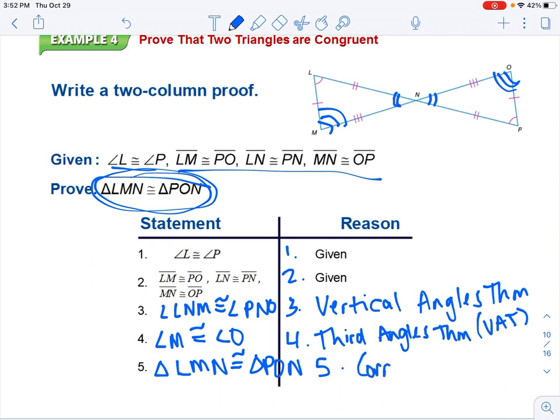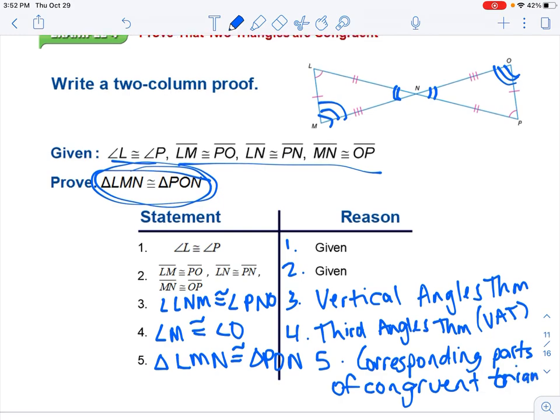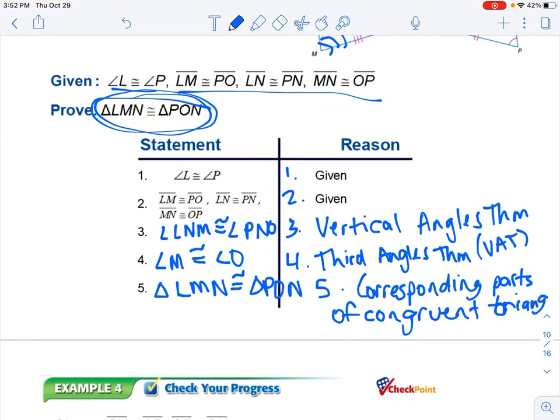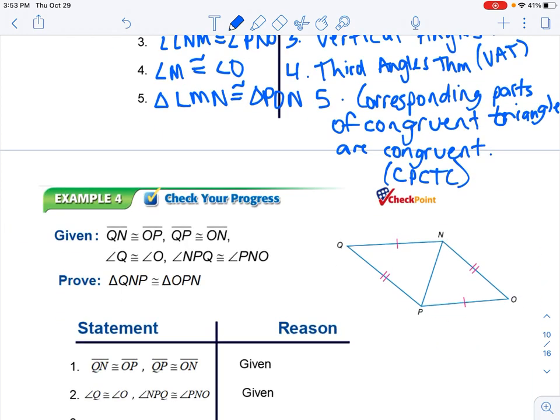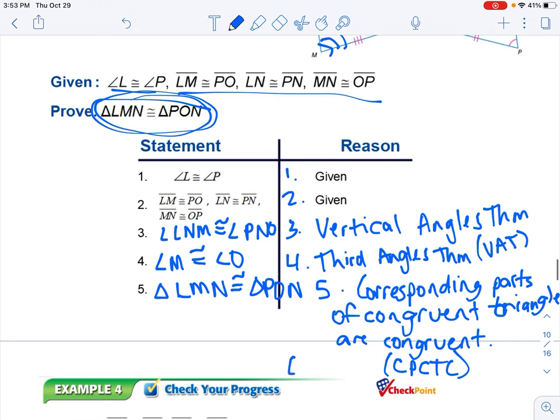Corresponding parts of congruent triangles are congruent. Which can just be shortened to CPCTC. Just make sure you know what you're talking about and remember both the written version and also the abbreviation if you're using it. And that's it for that proof.